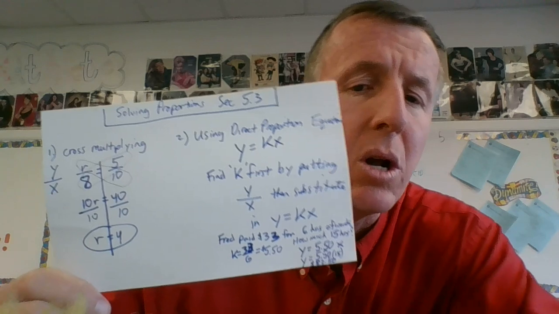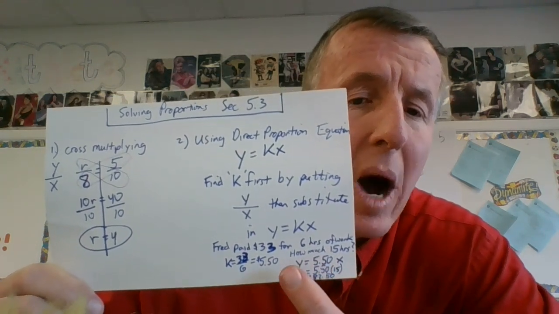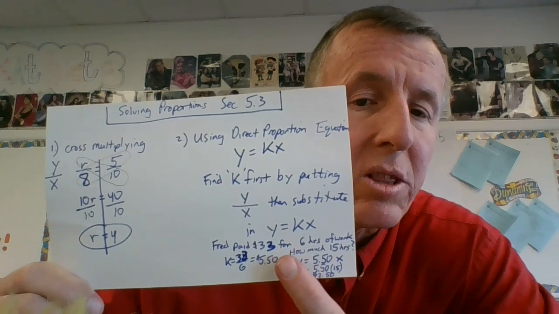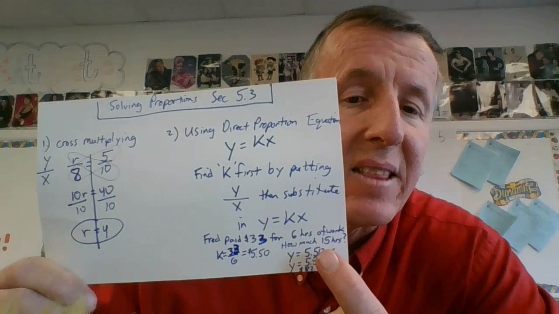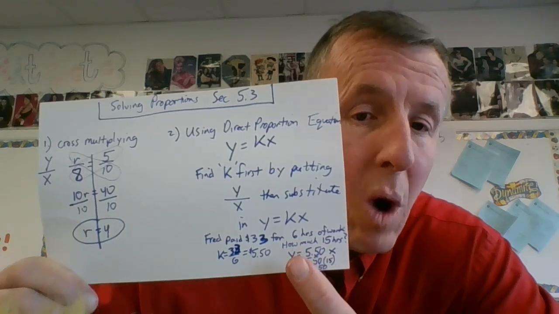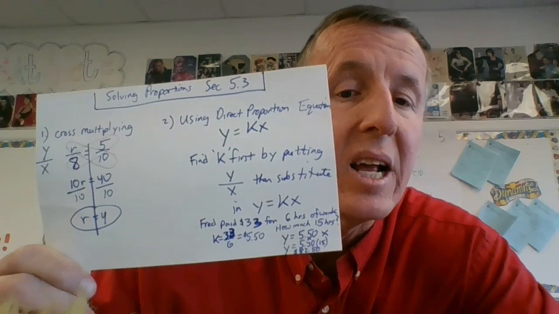Hopefully you got that down. And once you find k, you'll either have to find y or x depending on what the problem asks for. So this one here asks you to find the amount of money, and that's my y. So I put the 15 hours in for x.